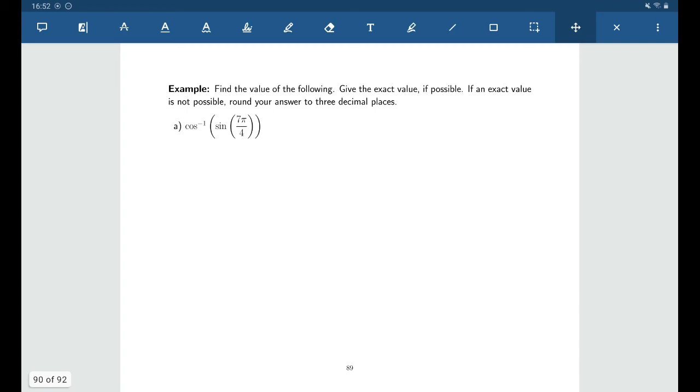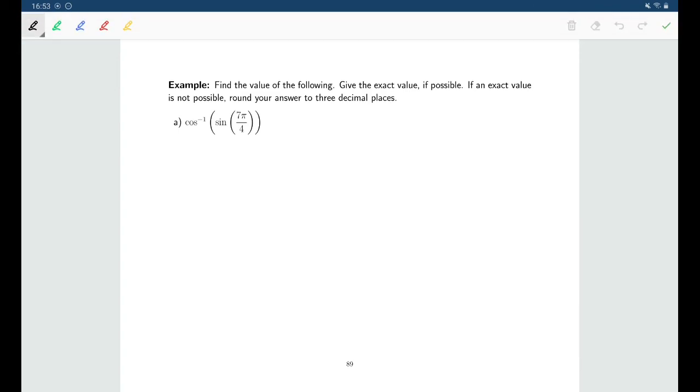So here we're going to find the value of these compositions of functions, and we'll give the exact value if we can, and if we can't give the exact value, then we will give an approximate value using our calculator. For the first one, I'll first need to figure out what is sine of 7 pi over 4.